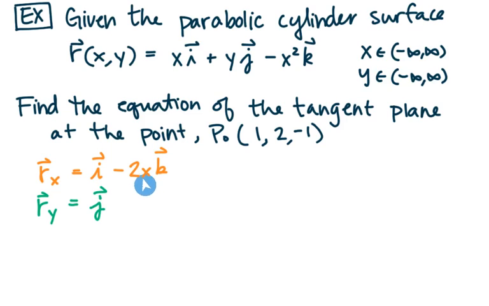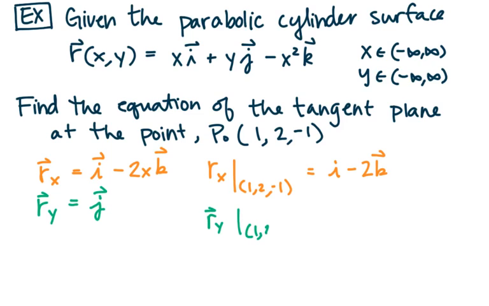Really, there's not much evaluating. There's only one x value to plug in. So r sub x at the point 1, 2, -1 is i minus 2k. And r sub y, there's nothing to evaluate there at 1, 2, -1, would still be just j. Right, but if we did have more multivariable functions here, we would just plug those values in for any x's, y's, or z's that we could find.